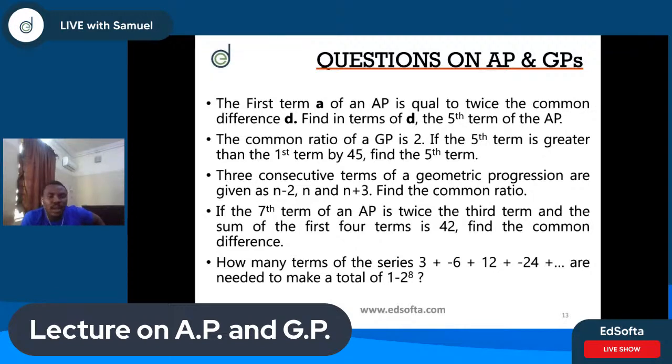So we are going to see the thought process towards solving AP and GP questions. It's not hard, we just need to understand that there's a thought process towards solving them.